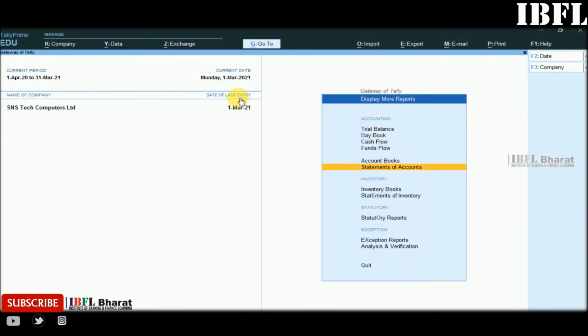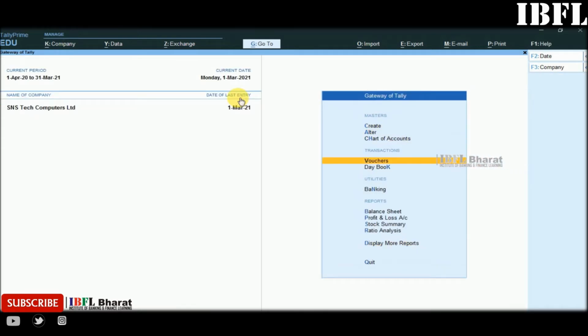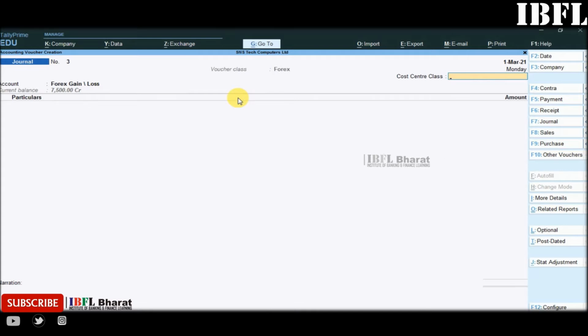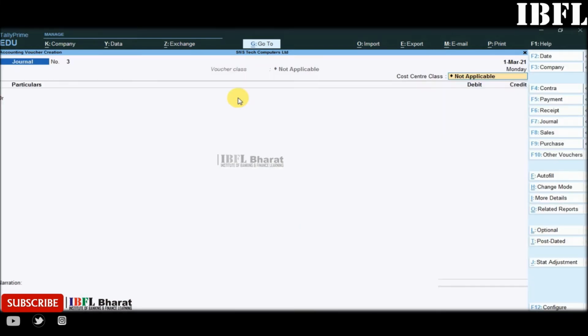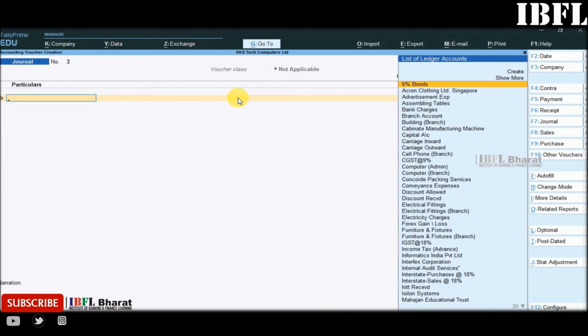Now we are coming back and come to vouchers. First of all, what we have to do, we have to make a journal entry, press F7 without class, and we have to book this interest on them. So what we have to do, we are adding this amount of interest in the loan amount.